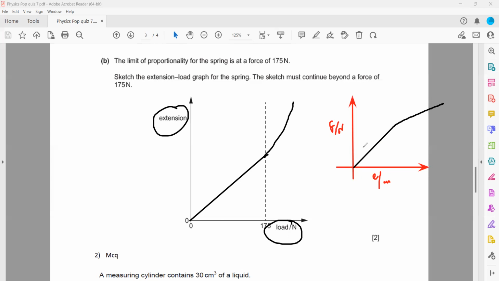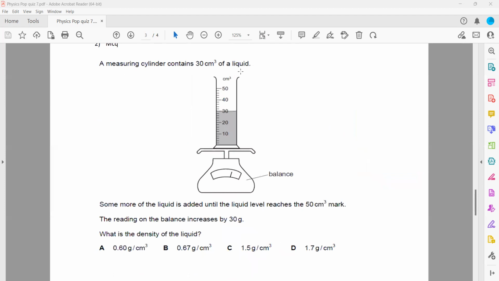So it depends on the extension axis: it will bend towards the extension axis after crossing the limit of proportionality. Is this clear?